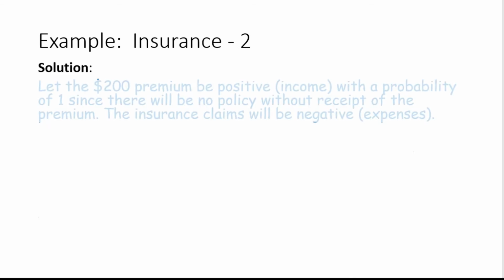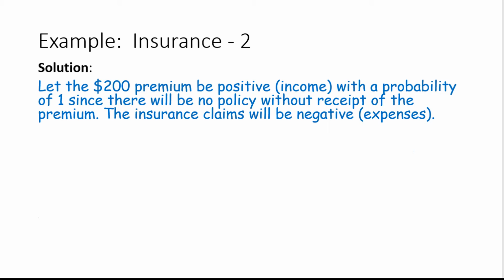Solution. Let the $200 premium be positive. That is, it's their income with a probability of 1, since there will be no policy without receipt of the premium. The insurance claims will be negative. These are the expenses.